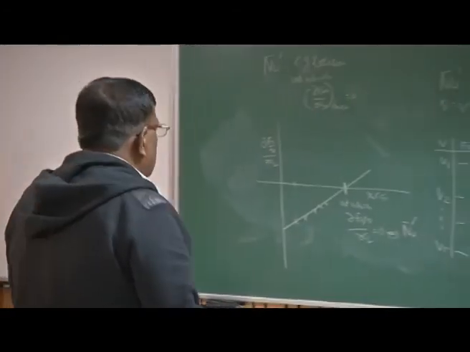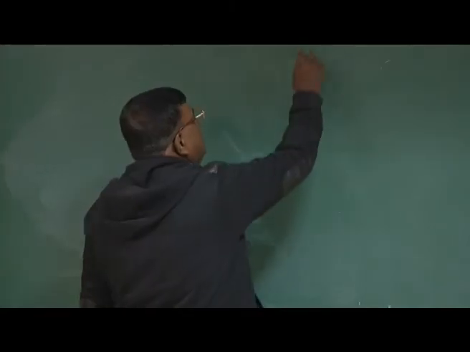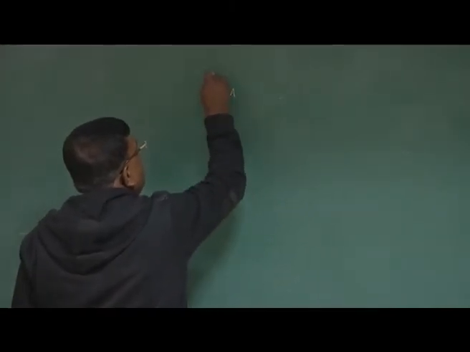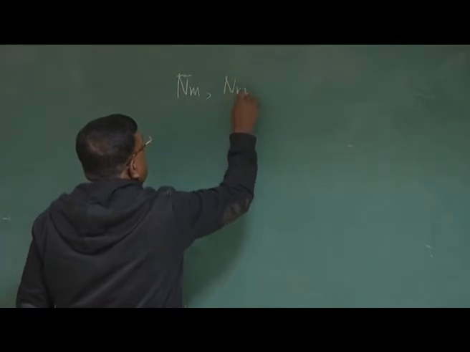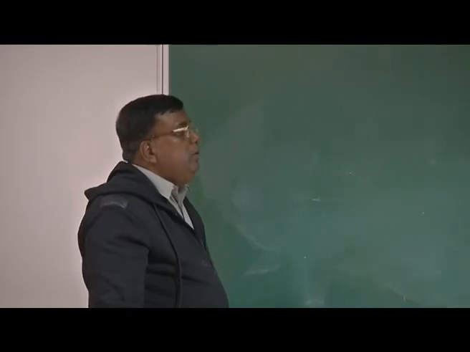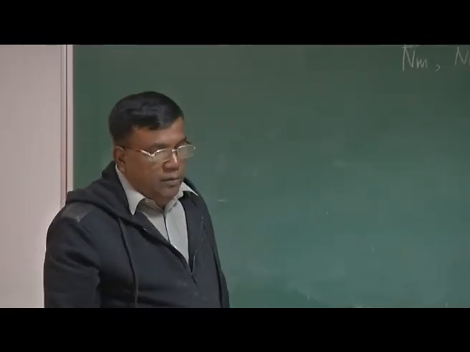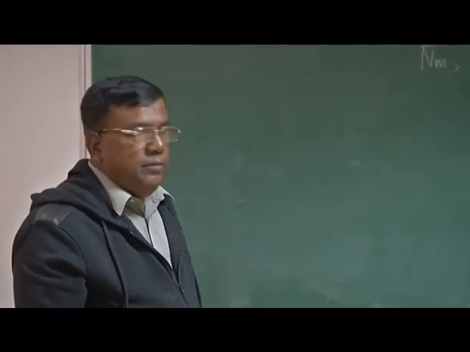Clear? Now, the two more neutral points we need to find out, so let us finish that also. Now let us find out how I can estimate the maneuvering point, both stick-fixed and stick-free. We want to now try to find out experimentally the maneuvering point, both stick-fixed and stick-free.